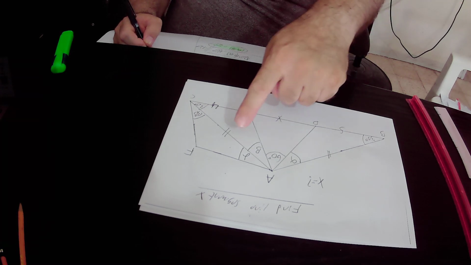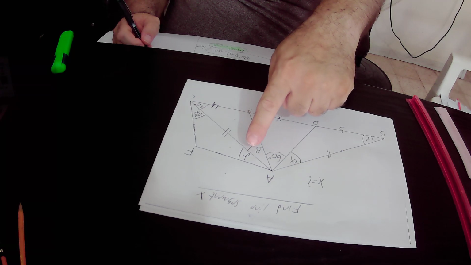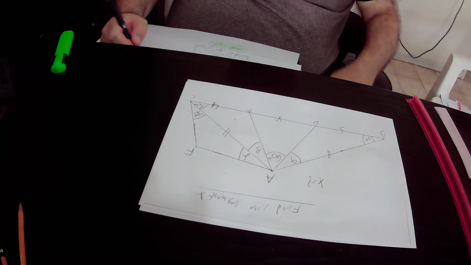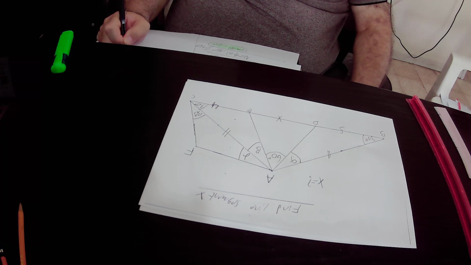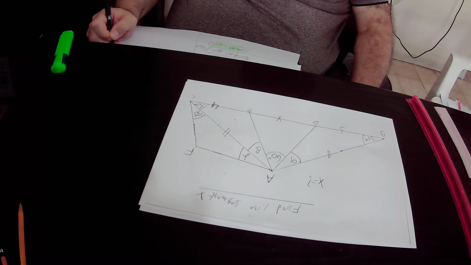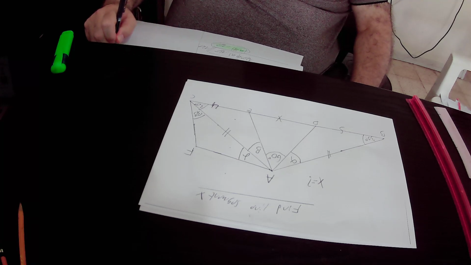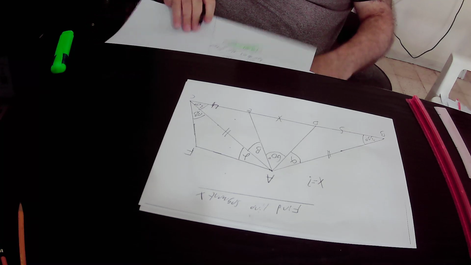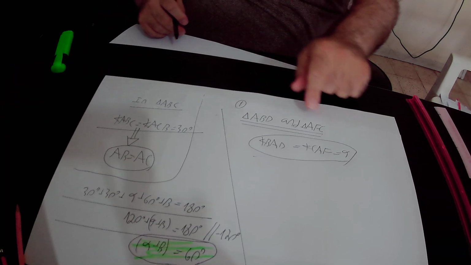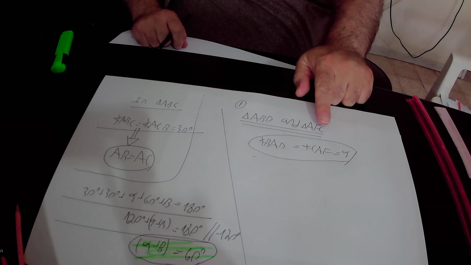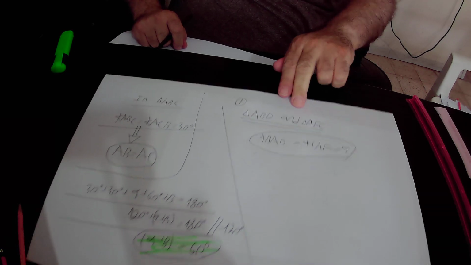It is equal to angle CAF, which is equal to alpha according to our construction. I'll repeat: angle BAD equals angle CAF, and both angles are equal to alpha, therefore they are equal to each other.